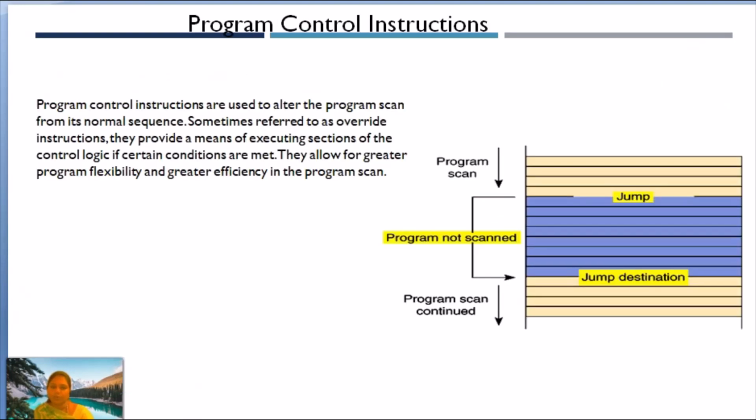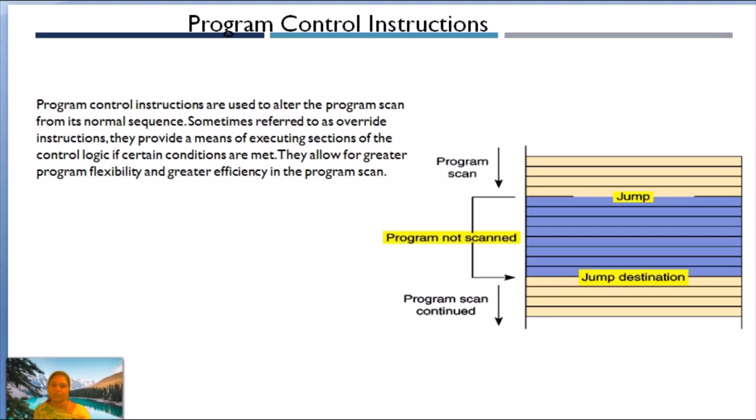So, what do you mean by Program Control Instructions? Those instructions which are capable of altering the program scan from its normal sequence are called program control instructions. Usually, a program is executed in the normal way, stage by stage or line by line. But some instructions have the power to alter the sequence of the program.